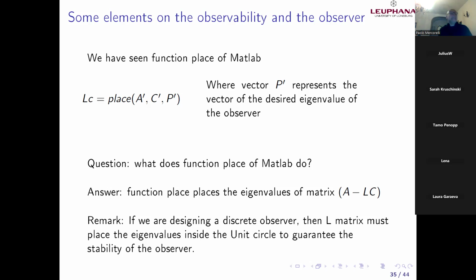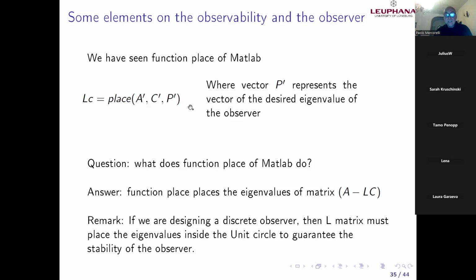This means I can use this Place also for the observability to build the matrix L, or the LC, as I put here. LC, because L very often is inductance. Using A transpose instead of A and using C transpose instead of B. P transpose is a formal vector, because P should be in a column.